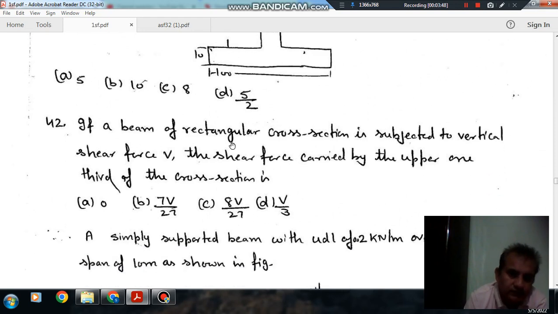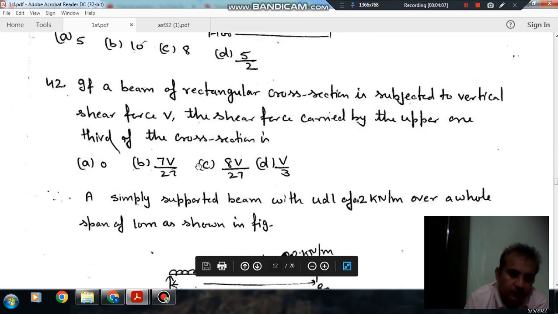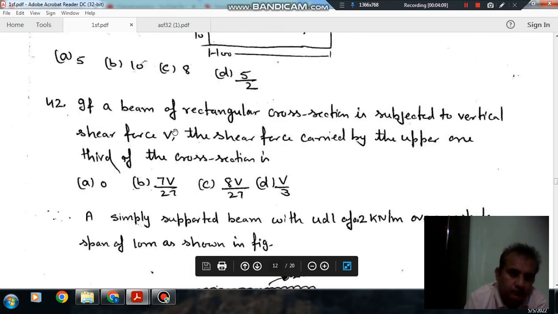Next, if a beam of rectangular cross section is subjected to a vertical shear force V, the shear force carried by the upper one-third of the cross section is: option A: 0, option B: 7V by 27, option C: 8V by 27, option D: V by 3.